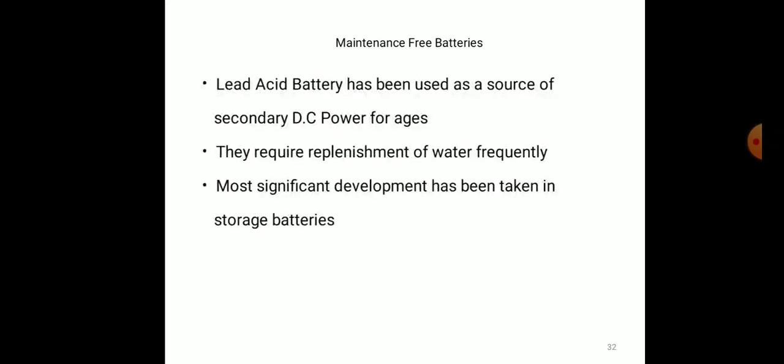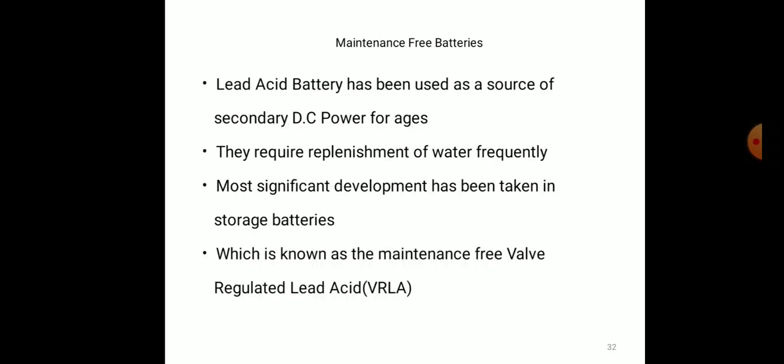Lead acid battery has been used as a source of secondary DC power for ages. The meaning is that from the beginning, what they have been using is lead acid batteries.